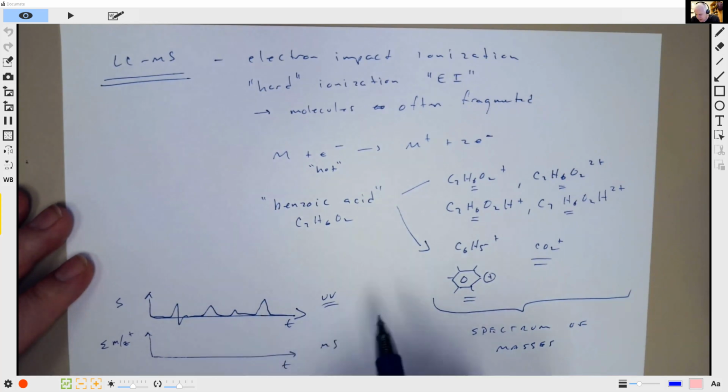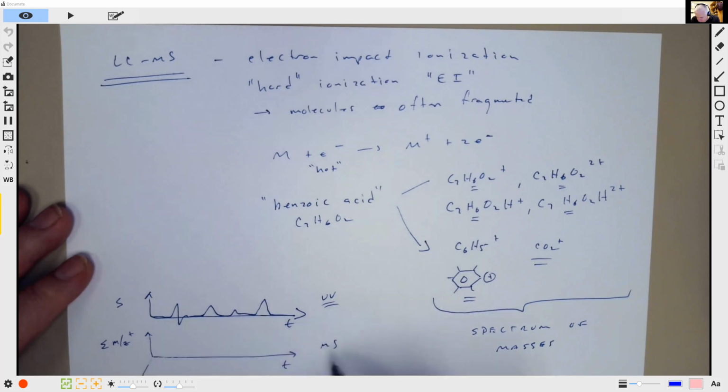And so here, at each point in time, we're actually going to get a mass trace.